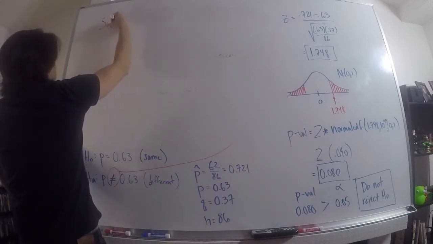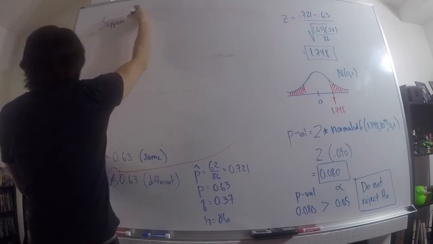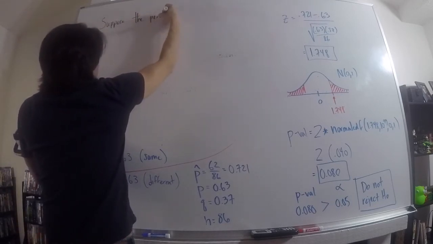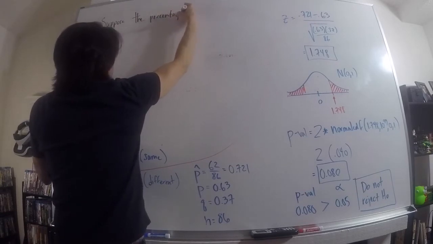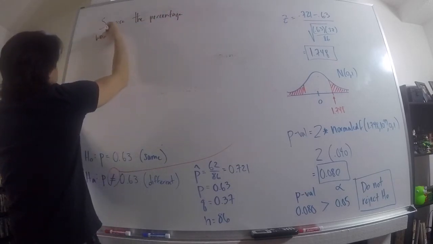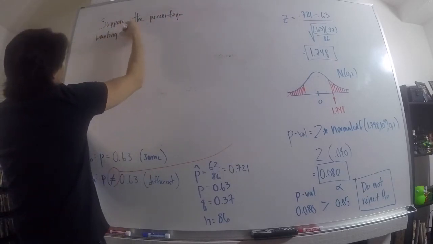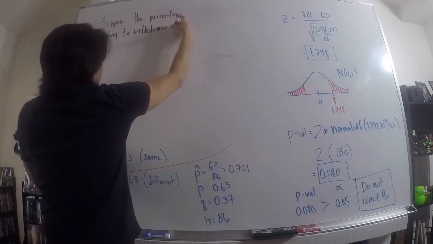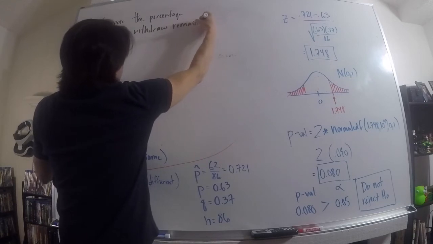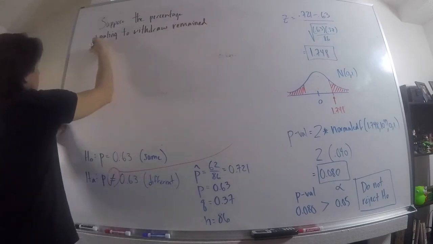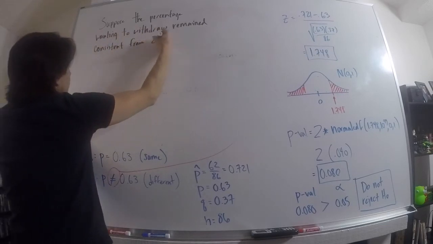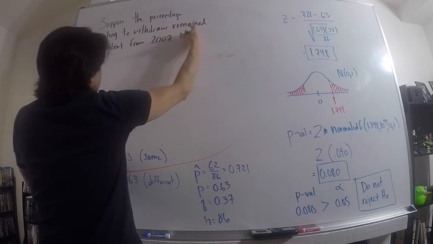Okay, let me write my error questions. Suppose there are a percentage wanting to withdraw. There are different phrasings and you have to be able to interpret. I'm going to say remain consistent from 2007 to 2008.